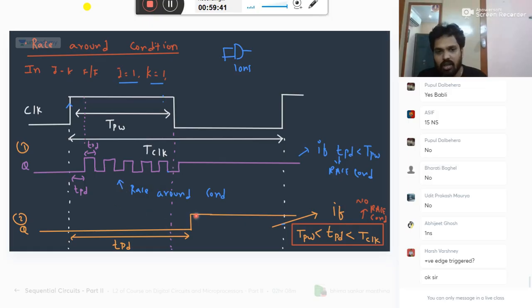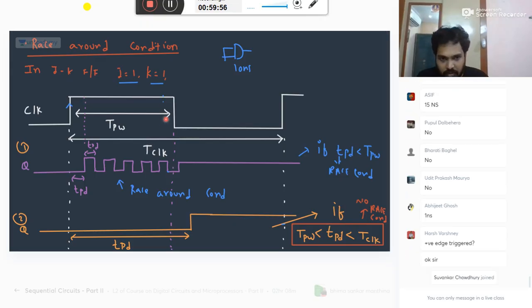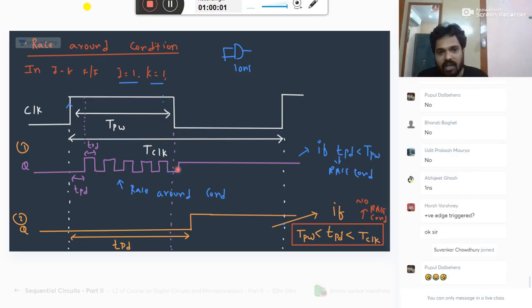Here it changes only after TPD. But by the time it is changing, already clock has become 0. So don't take the wrong analysis of because it is 0, sir, it will not change anytime, sir. In my lifetime, it will not change, sir. Here also same. By the time it is becoming 0, still clock is there. Again toggle. By the time it is toggling, no clock is there. I cannot change further.